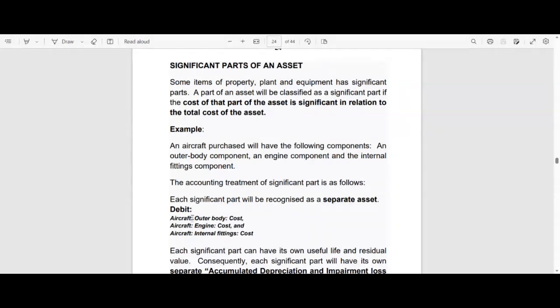And then secondly, we would indicate what the account contains. Does it contain the cost of that particular category of assets? Does it contain the accumulated depreciation? Does it contain the accumulated impairment losses? What does the account contain?